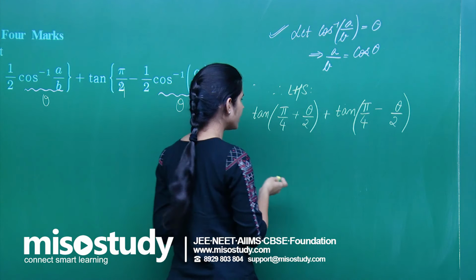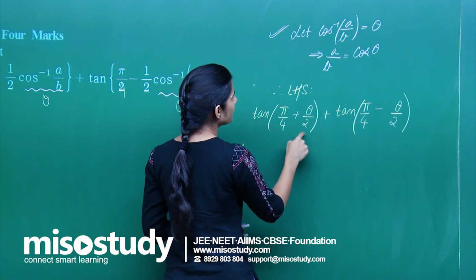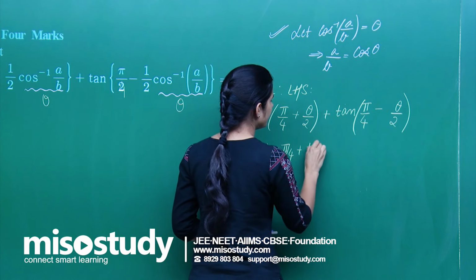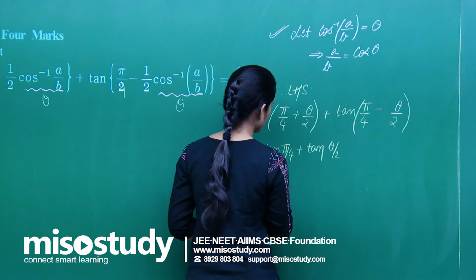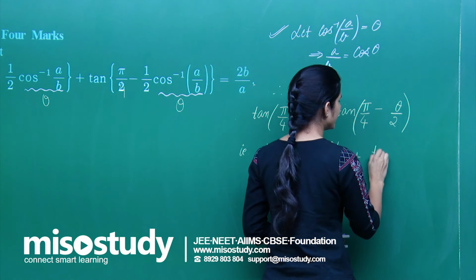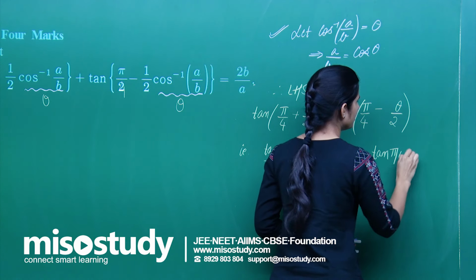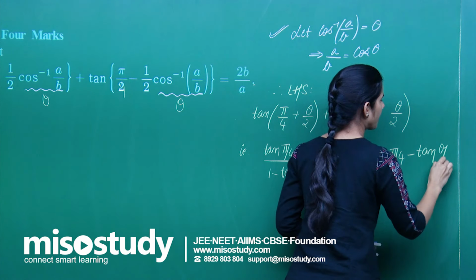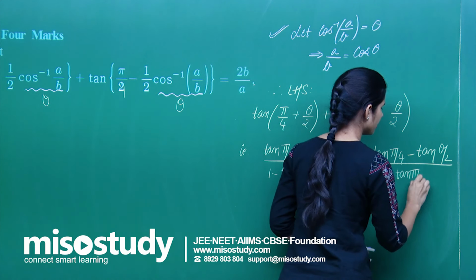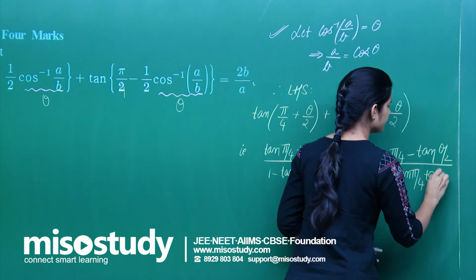You can see it's pretty simplified. Tan of A plus B is tan A plus tan B upon 1 minus tan A tan B, plus tan of A minus B, tan A minus tan B upon 1 plus tan A tan B. Tan pi by 4 is 1, all of us know.